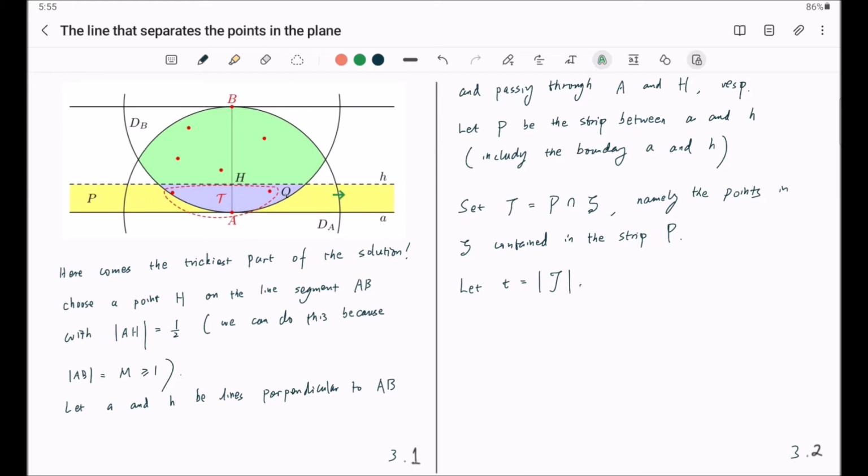And this yellow strip is the region where we're going to find the contradiction with the proper choice of delta, or the constant c. And now we focus on this line segment AH, whose length is 1/2, which will give an estimate for this t.